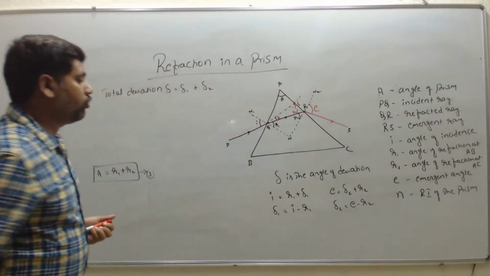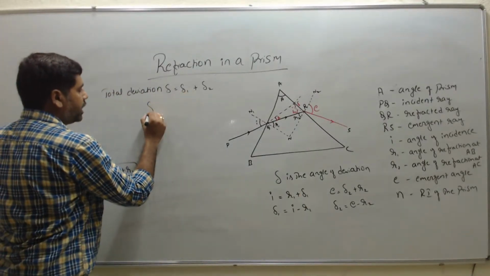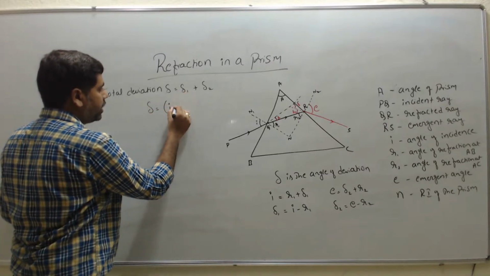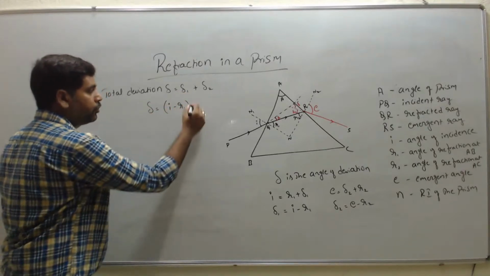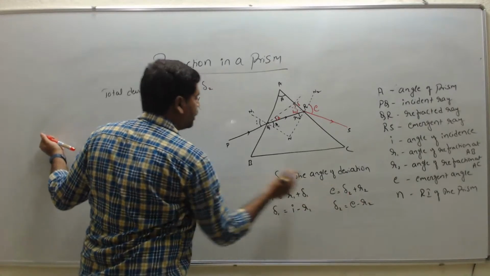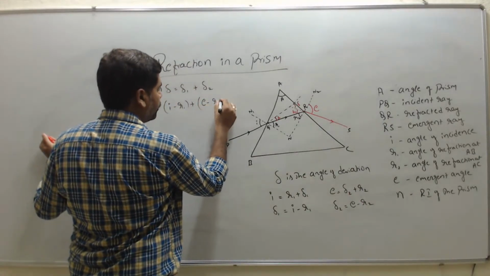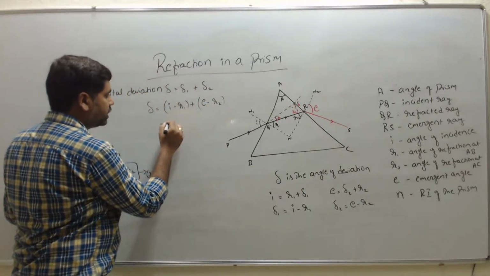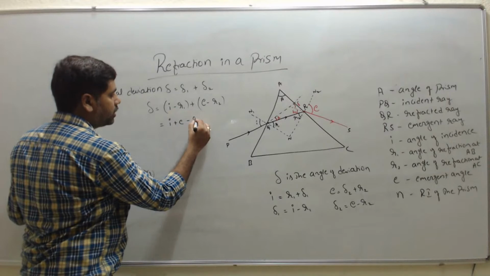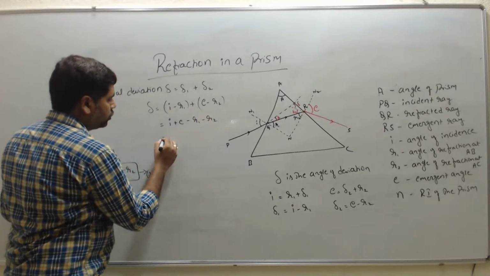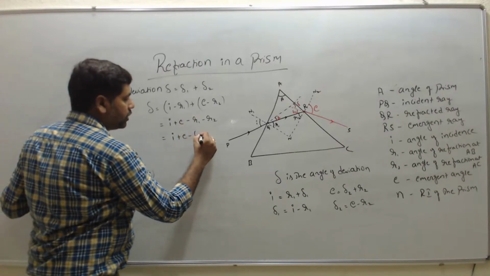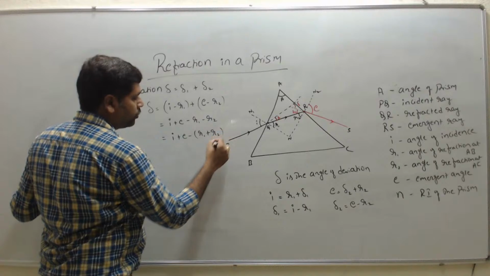Substituting these two values, delta equals I minus R1 plus E minus R2. Rearranging, I plus E minus R1 minus R2, that is, I plus E minus (R1 plus R2).